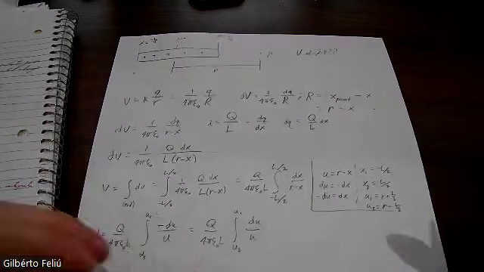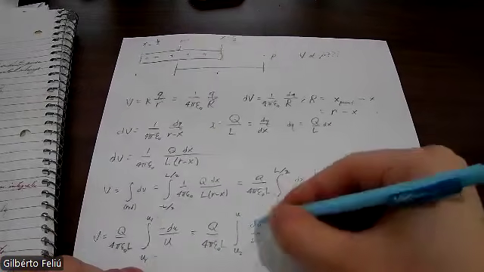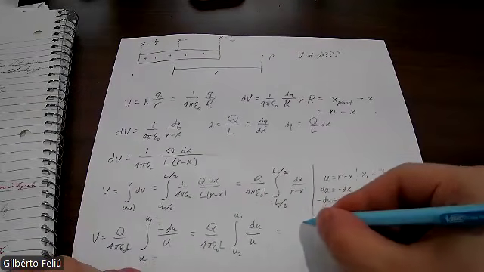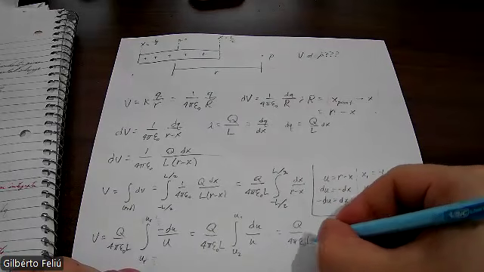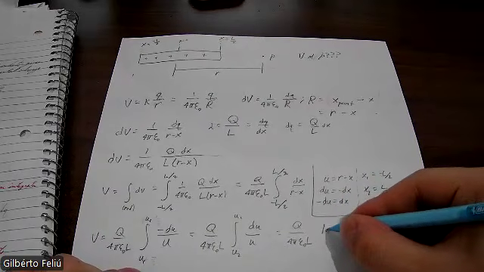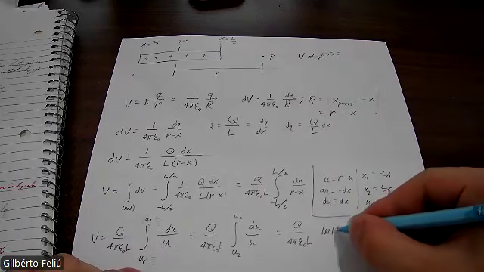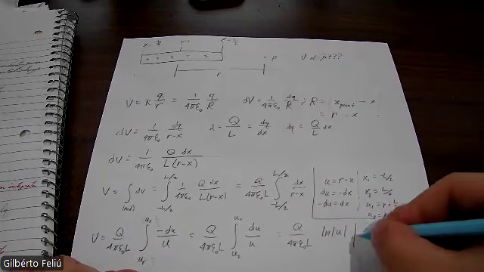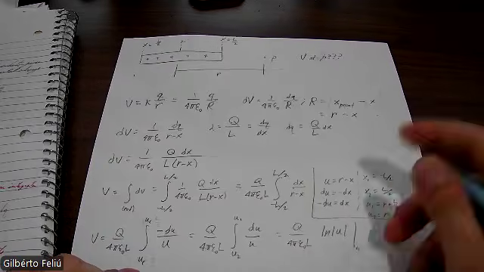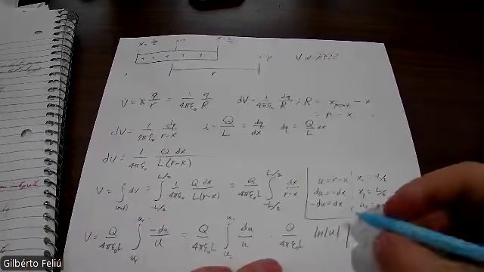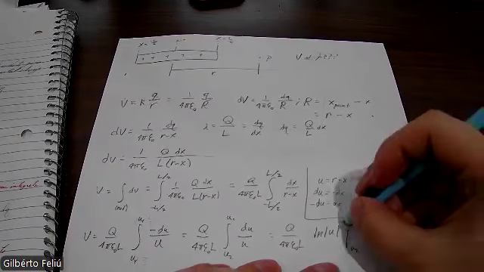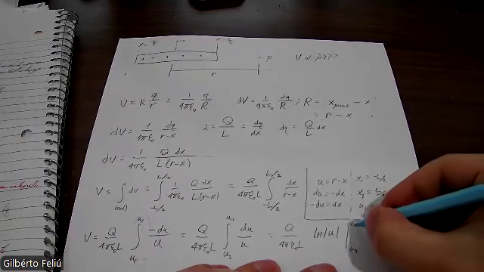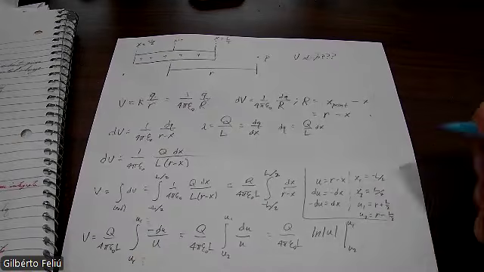So du over u. They don't put this on the formula sheet, but what you'll see on a calculus formula sheet is that this turns into what I'm about to write: 4 pi epsilon L, and then the natural log of the absolute value of u evaluated between the same bounds, u2 to u1.